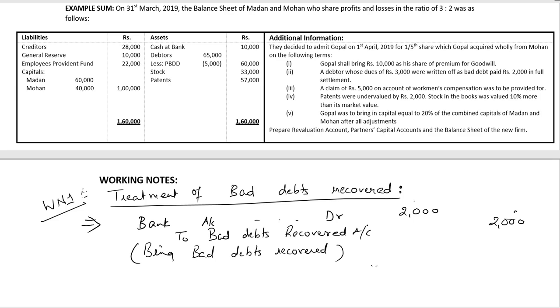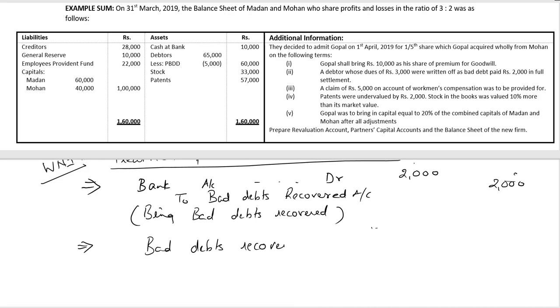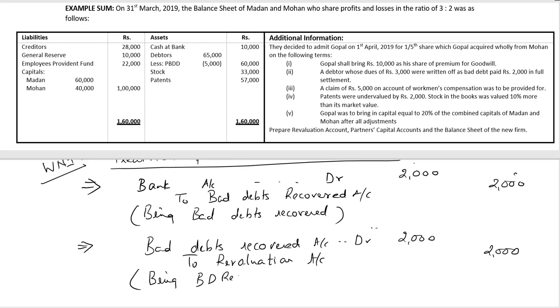The second journal entry, bad debts recovered account debit to revaluation account, ₹2,000. This is being bad debts recovered transferred to revaluation account.